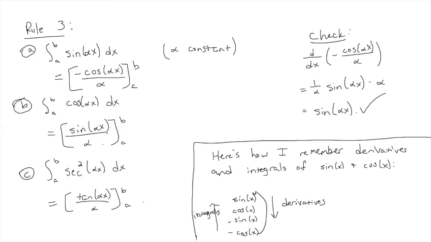And then similarly, what's the integral of sine? You loop back down to the bottom, right? So derivative of sine is cosine, derivative of cosine is negative sine, integral of negative sine is cosine, integral of cosine is sine. So you can sort of walk up and down this list in loops as you're doing these computations. That's how I think of it. If it's helpful, fine. If not, then that's fine too.